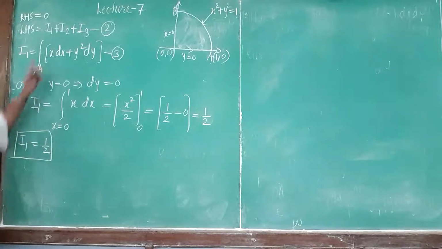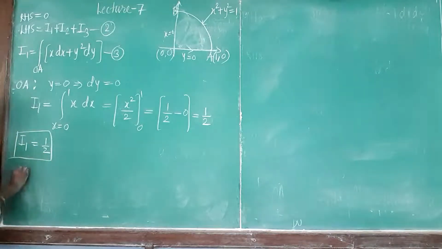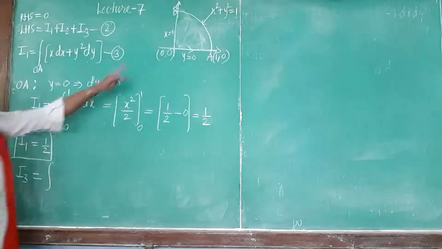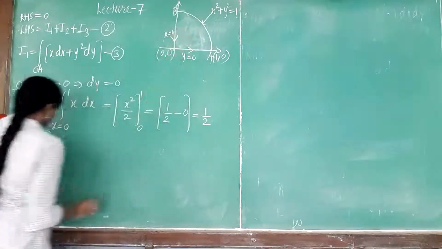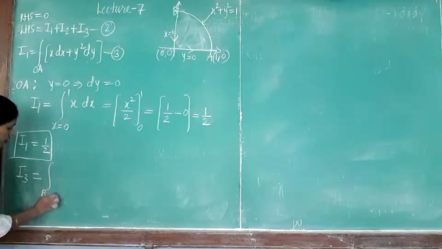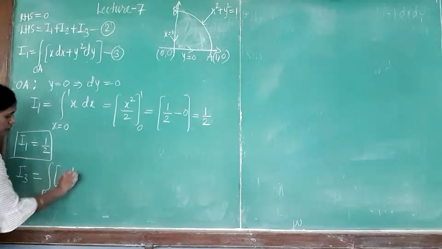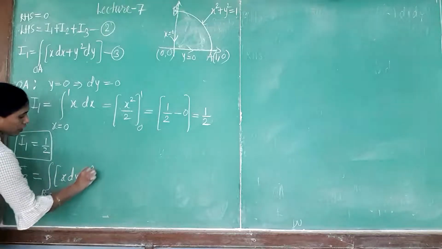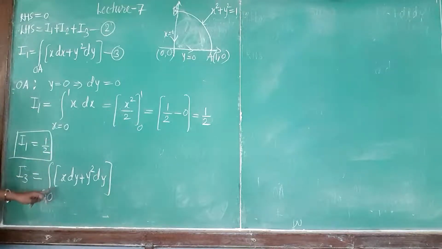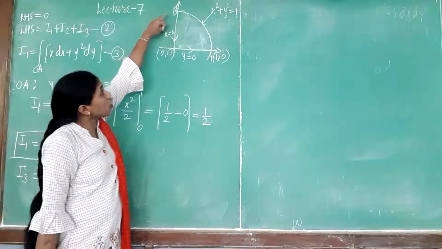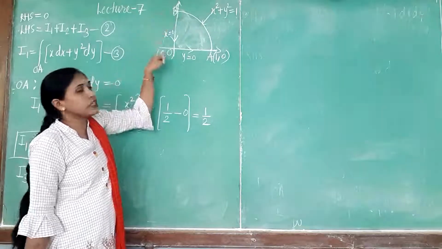Next we obtain I3. So I3 is nothing but the integral over BO of x dx plus y square dy. Now I3 is along BO, and along BO this is the y axis.